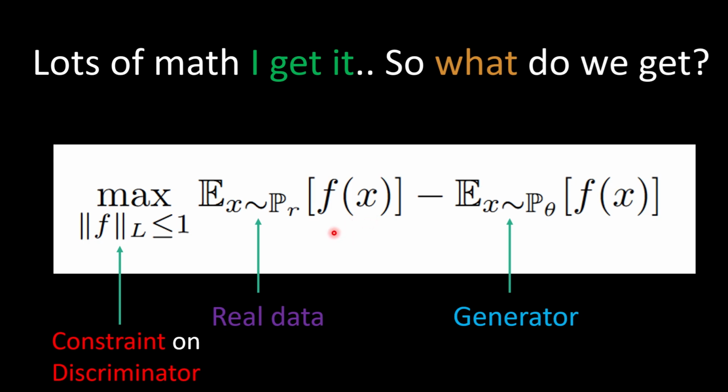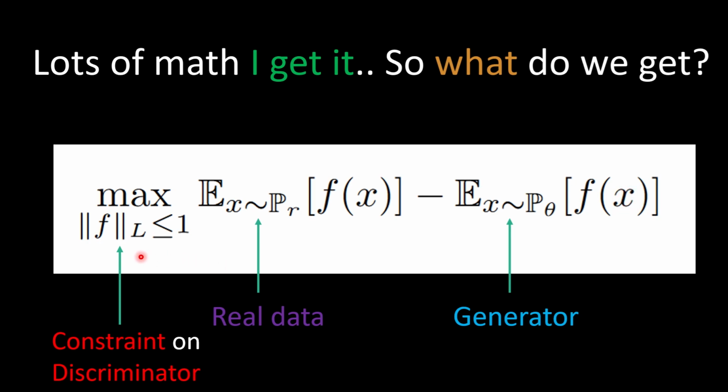And the reason is that they no longer use a sigmoid at the end of the discriminator, which doesn't limit the output to be between 0 and 1. And over here, they then take x from some p of theta, which is just that they generate some image. So they send in some latent noise to the generator, and what's output they just call x. And then they take the critic, in this case, of x, where x is some generated image.